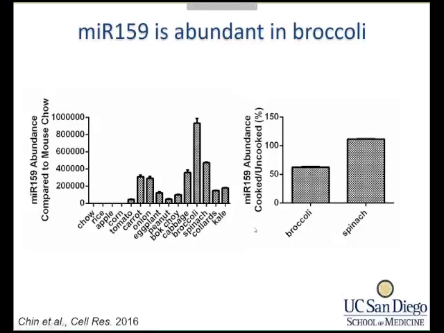And apparently we found broccoli as the vegetable expressing the highest level of miR-159. And we were very excited at that moment and thought that we would try to establish a correlation between broccoli intake, dietary intake, and the levels of miR-159, and even the risk of breast cancer in patient populations.